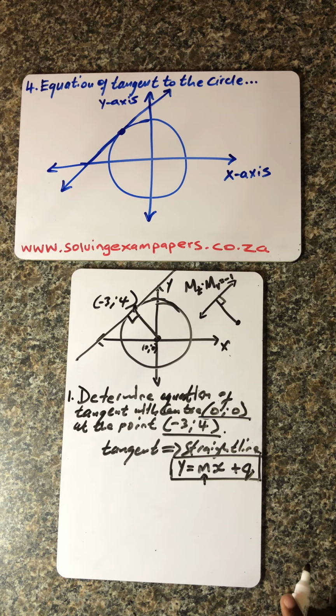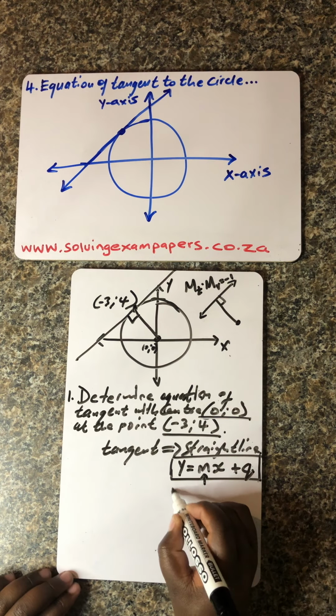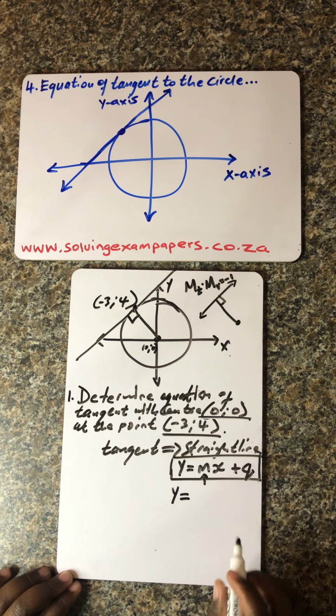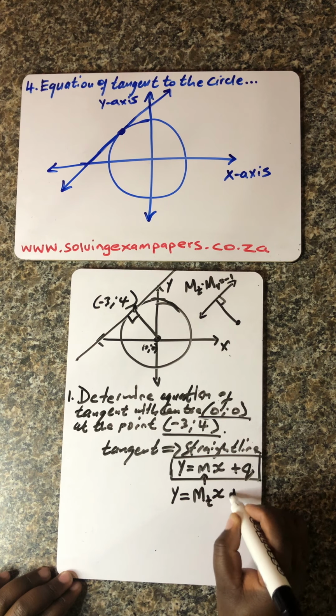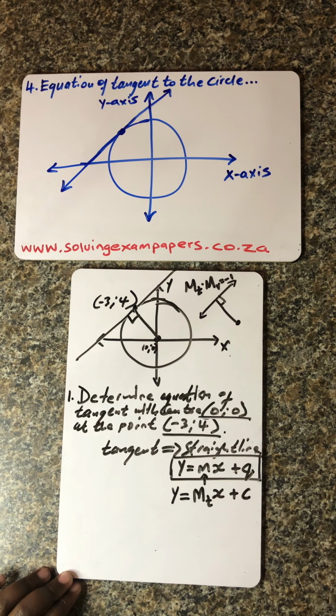Because in this case we're dealing with the straight line of the tangent, ladies and gentlemen, we can say the equation is y is equal to m of t x plus c or q. Just so that it makes sense.